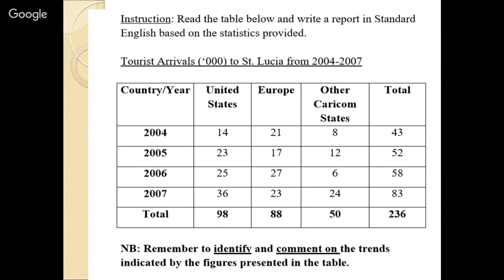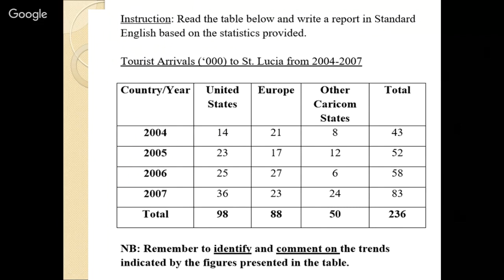Now, can somebody tell me the significant figures for United States? Quickly. I know, Trini. Sometimes it's a little difficult, right? So you have to focus on the United States.